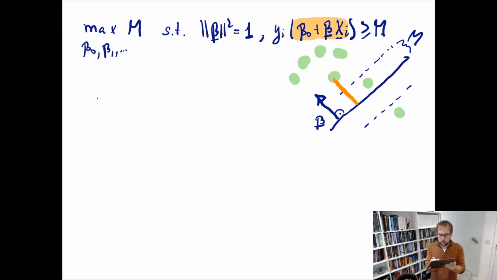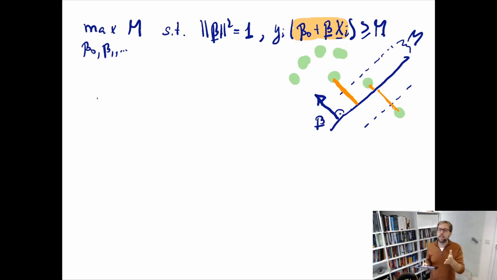The orange quantity would just be calculating this distance here, or here, even worse, I will get this distance with a negative sign. It's the distance times the direction, basically. So here it would be positive but less than m. Here it would be negative, and so smaller than m.